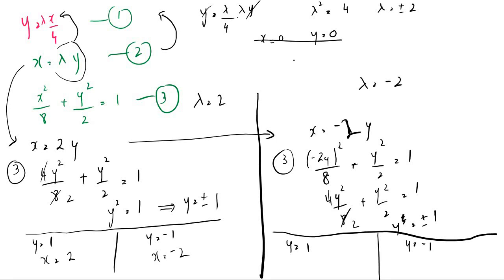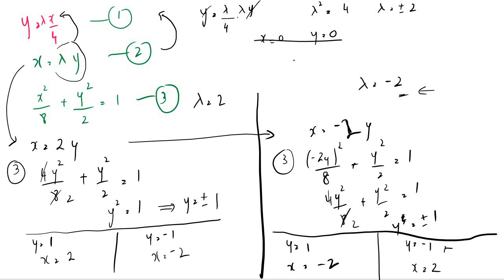So when y is equal to 1 and lambda is equal to minus 2, x is equal to minus 2. Sorry, it should be minus 2. And when lambda is equal to minus 2 and y is equal to minus 1, x is equal to 2.